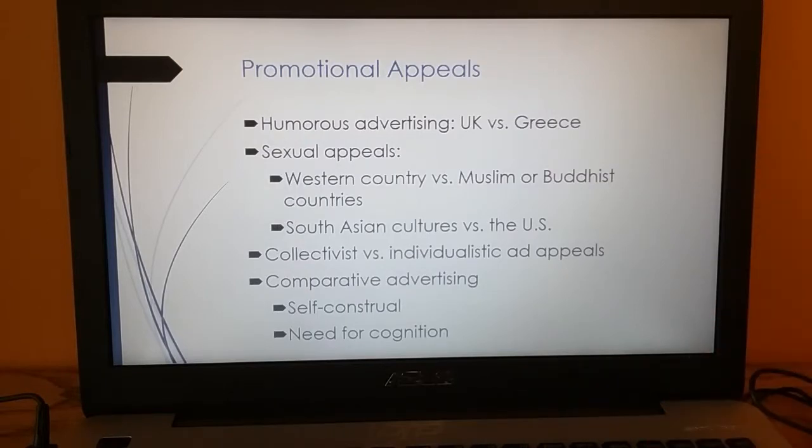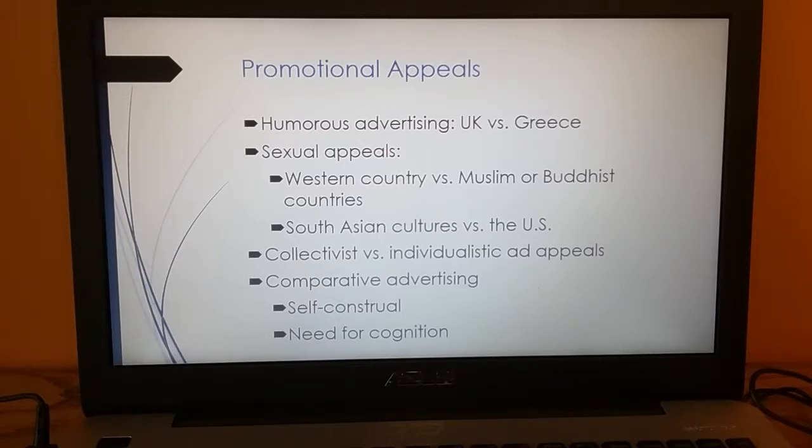Okay, so promotional appeals are also things that people need to consider. Humorous advertising works out better in some countries than others. In the UK, riskier, more aggressive, and effective humorous advertisements are used.